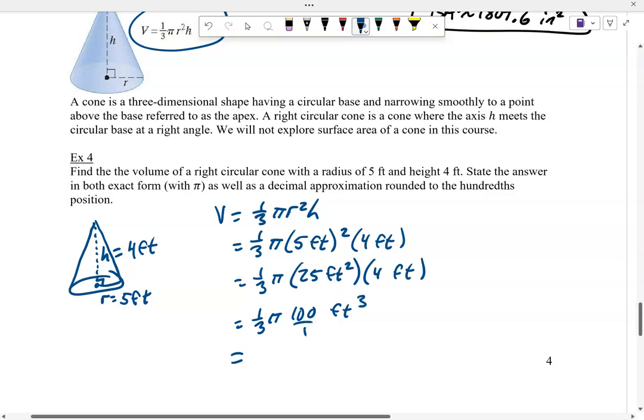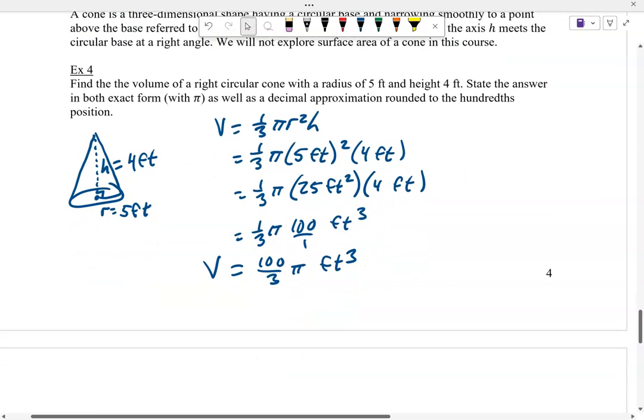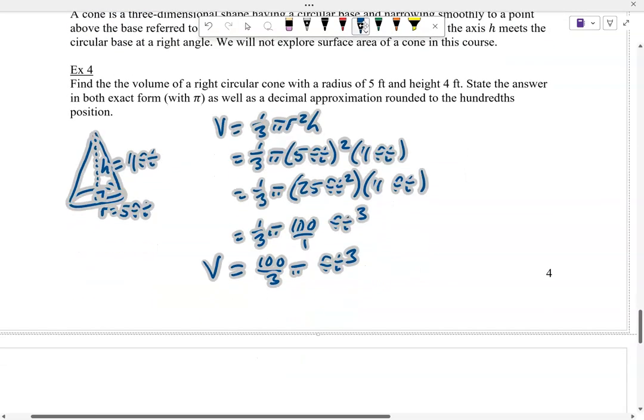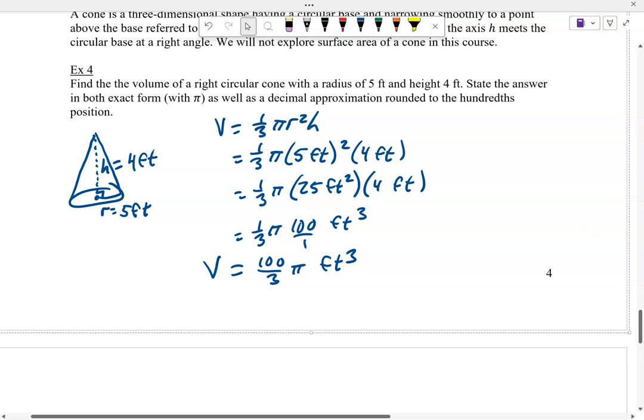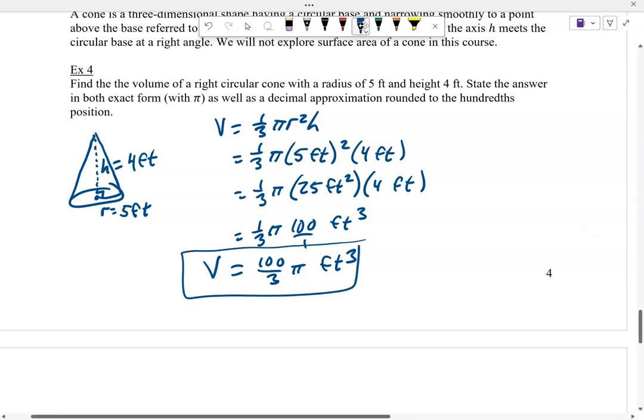And this is over 1. So 100 times 1 on the top is 100. 3 times 1 is 3. I still got the pi. There it is in exact form, 100 thirds pi, because 100 thirds does not go evenly, right? Now I'm going to go ahead and take 100 divided by 3, and I get 33.33333 on my calculator, and then just put in times pi, and you'll get the decimal form of this.